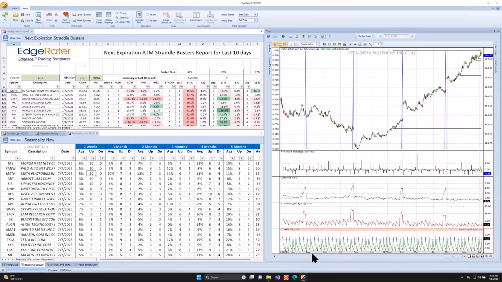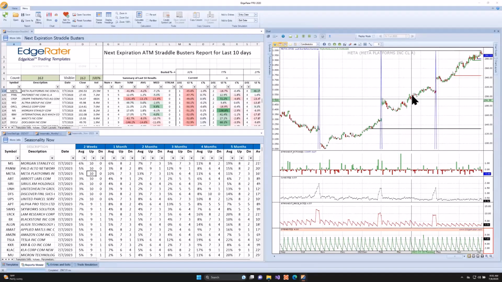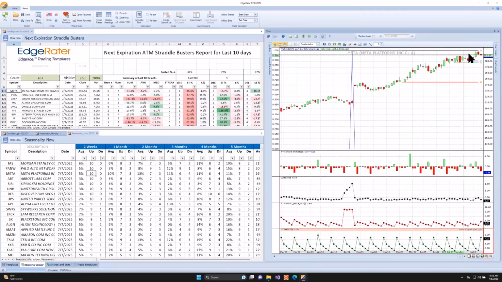But it has good seasonality for the next 2 weeks as well. So not a bad trade if you're looking for something that's already in a trend that has the potential to go even further. Well, we know that, yes, in the next 2 weeks, it does have the potential to go higher. And we also know that in the last 2 days, it has pulled back a little bit. Probably a sell the news type deal. After the news was released about Threads, actually you had a bit of a sell-off.